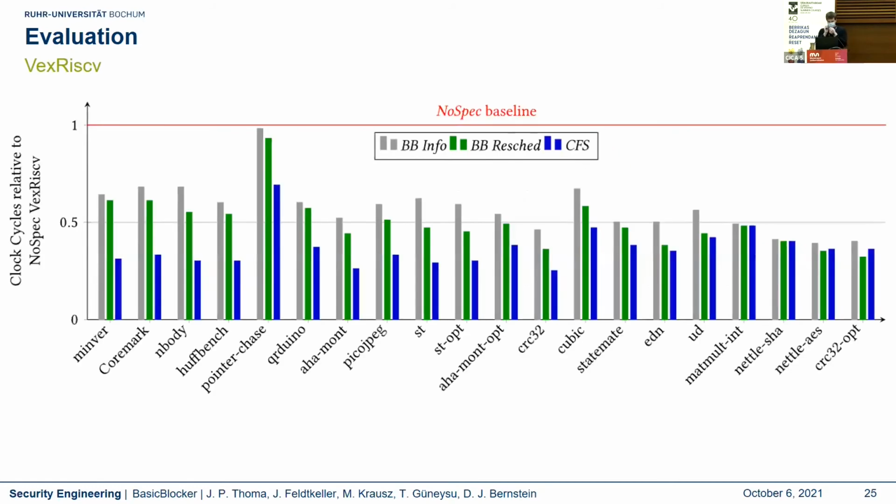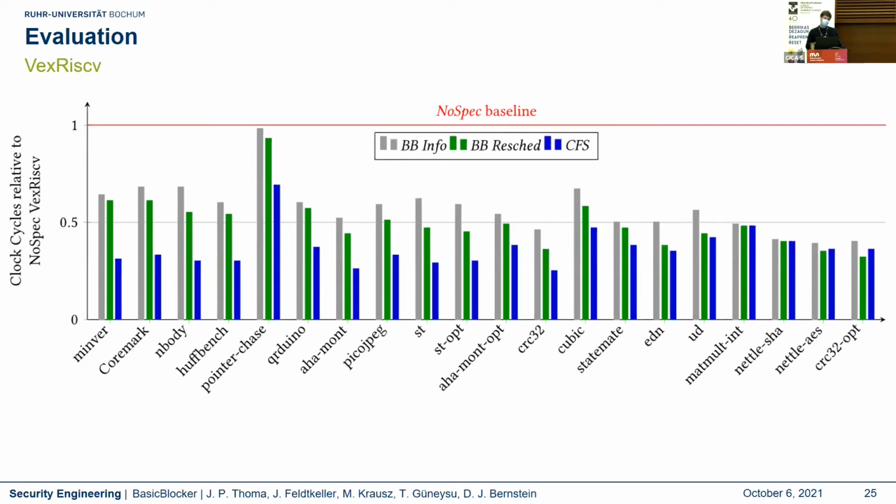And here you see the performance comparison of the different variants, where we give the relative performance to the baseline of a CPU that doesn't know speculation at all. In blue, we have the variant that does control flow speculation, which is the normal implementation that Vexriscv 5 has.